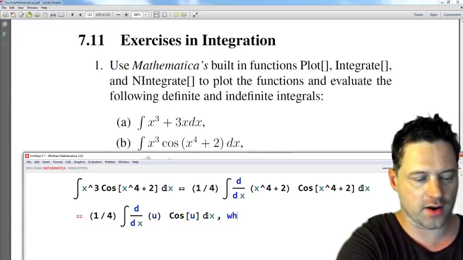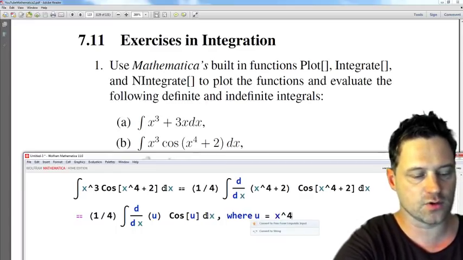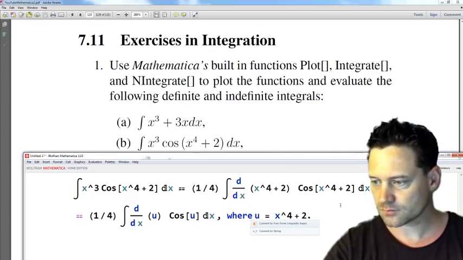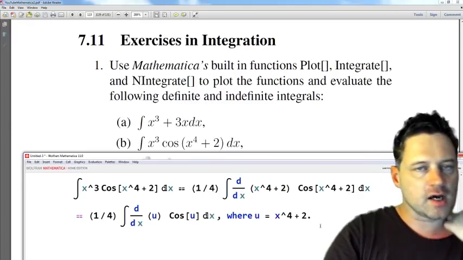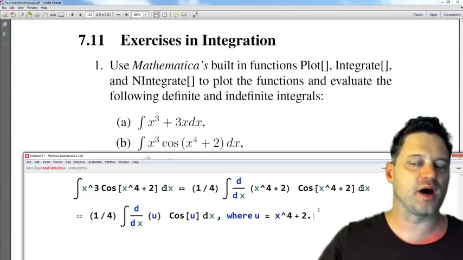Where U is equal to x to the fourth plus 2. Now Mathematica wanted to tell me something, but I'm not intending to execute this as a calculation. I'm just typing to talk to you about it.